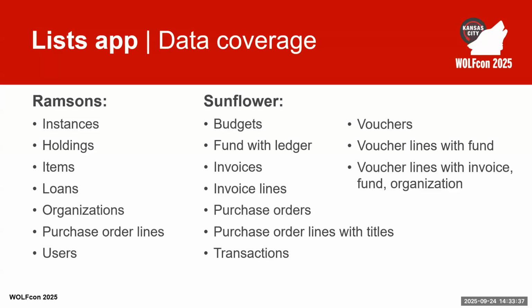Trillium, again, we're adding quite a bit more content in terms of data. And so we fully intend for the Lists app to cover virtually anything that you would need out of FOLIO. And so we're trying to rapidly expand that coverage.